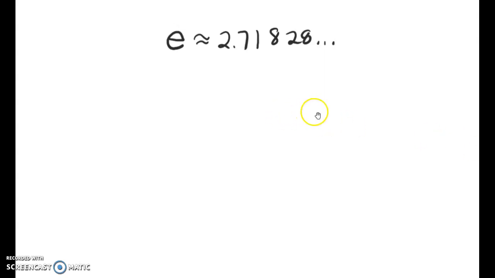So at the end of the last video, we talked about the compounding periods, and eventually, no matter how many times you compound, you're going to end up close to the same amount. And so what I want to show you is if you would take this expression, and as n gets larger and larger, it approaches this number.